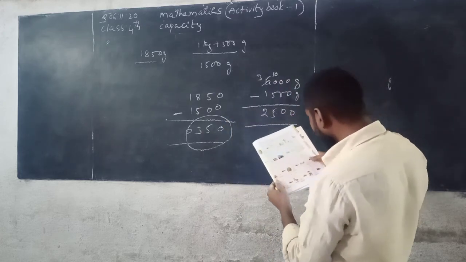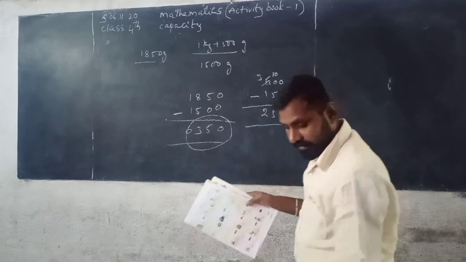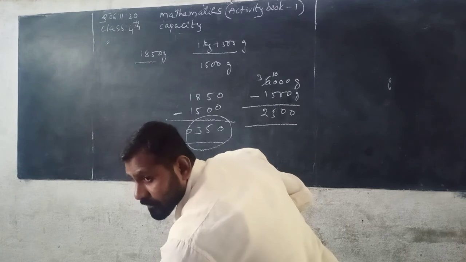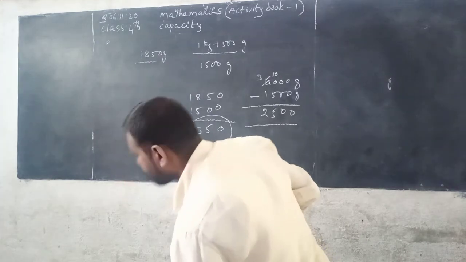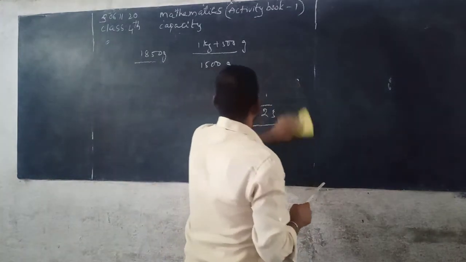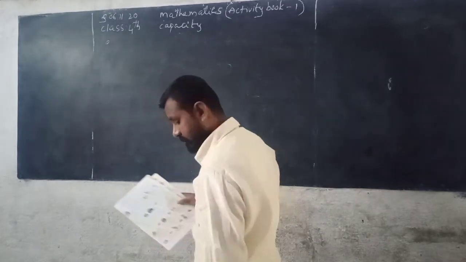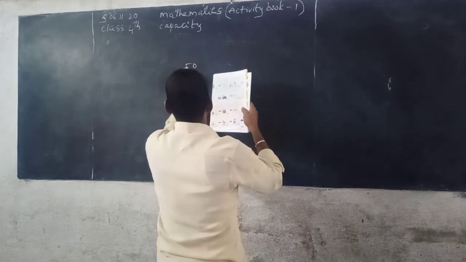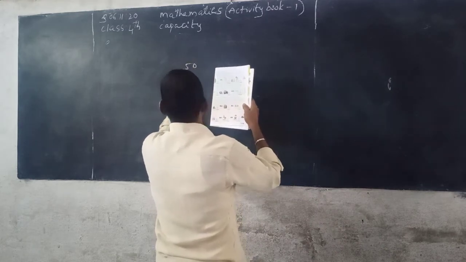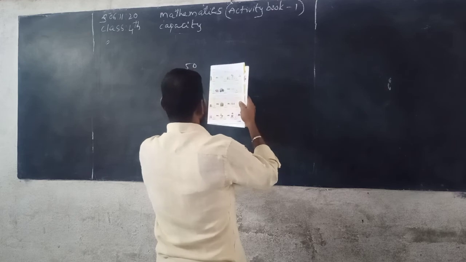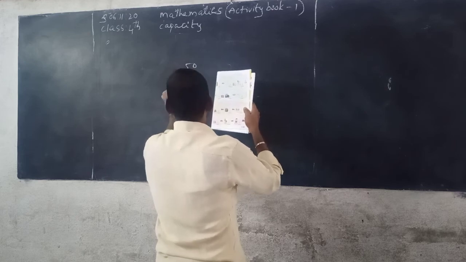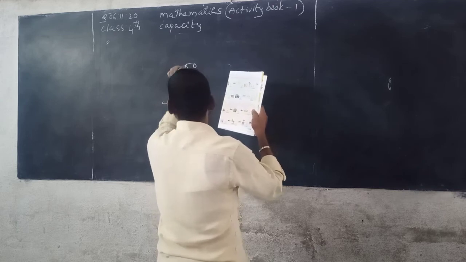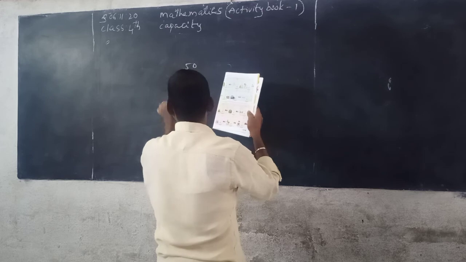Next here 2 kg. 50 gram, 100 gram, 500 gram, 200 gram. 0, 5, 2 plus 5, 7, 850.